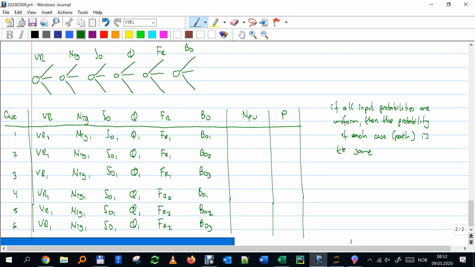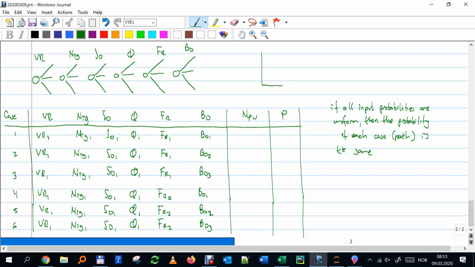Now I say, what if all of them are the same but they are triangular, for example? Will they have the same probability? Depends on the initial values, right?